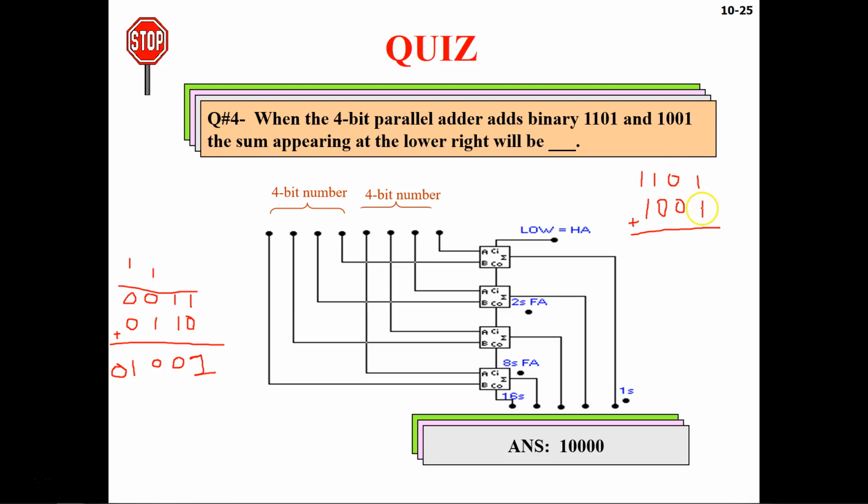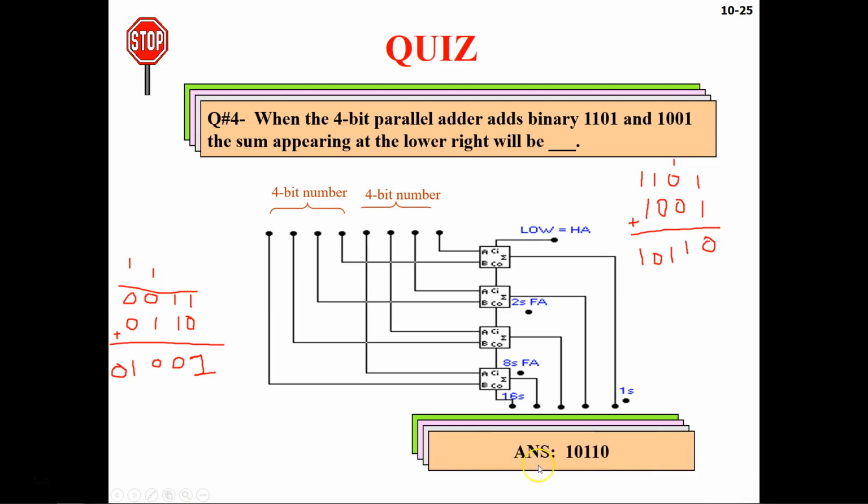So 1 plus 1 is 0, and then the carry is going to be 1. So this is going to be 1 here, and then this 1 here, and then this is 0, and this 1 here. So you will have 10110. Let's see if our answer is correct. So you see here, 10110.